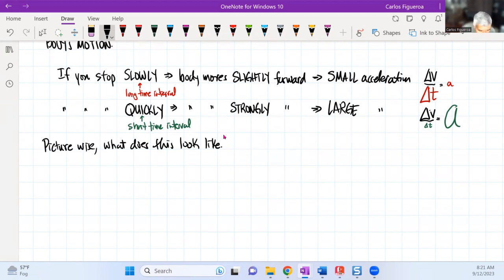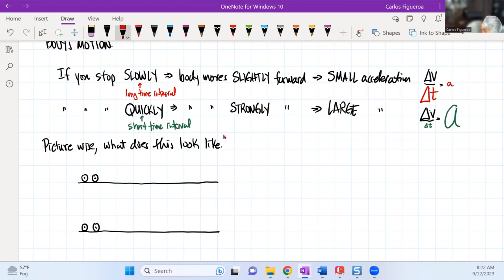Well, let's imagine that we have two cars, okay? I have these two cars, and I'm going to have this car, and in this case, this is my red car.